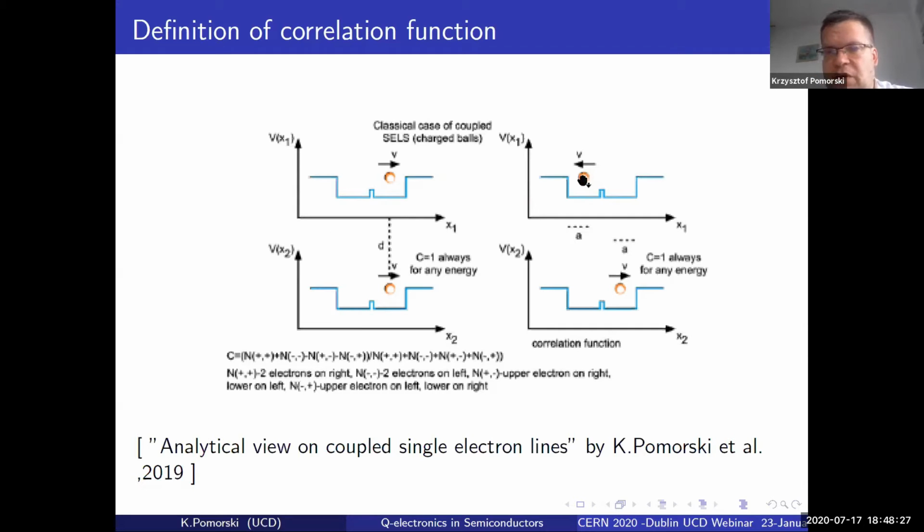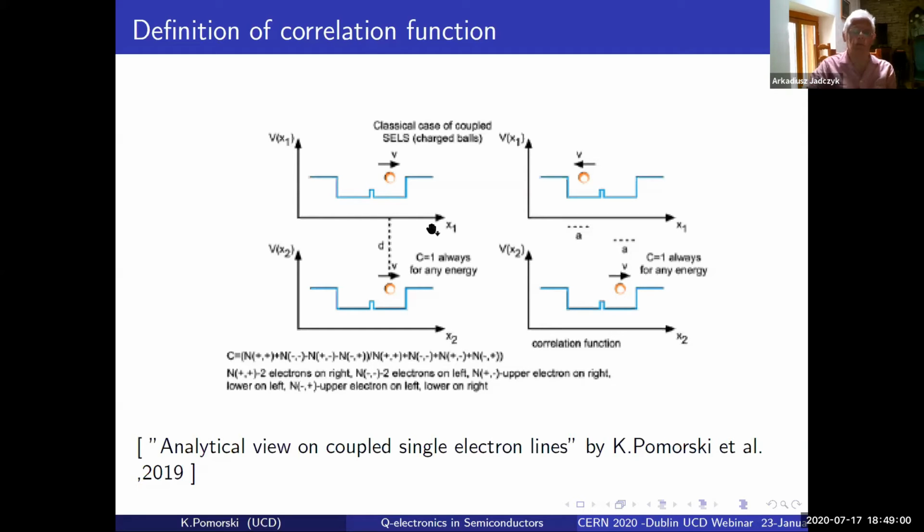The anticorrelated states are n+- and n-+. So this correlation function is n++ plus n-- minus the anticorrelated cases, over the total number of cases. This is a very simple correlation function.